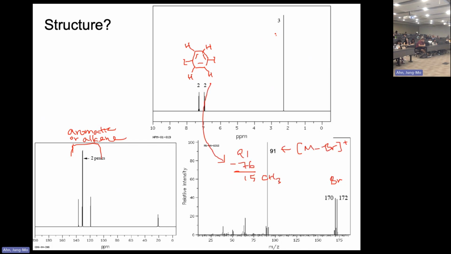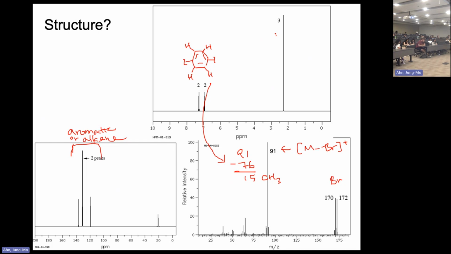Whatever it is, the molecular ion is 170, and then you take out the bromine, that makes the 91 peak. And that's the rest of the carbons, so let's find out what those things are. What makes a 91? I don't know the whole thing, but we know this part. If you take C6H4, that weight is 76.